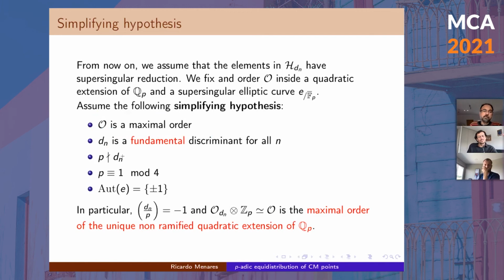We'll also assume that p is not ramified, p is 1 mod 4, so the statement is less complicated. And we will also assume that there are no automorphisms of the supersingular curve we are looking at. These assumptions are not serious. They can all be lifted, but since I want to explain the main idea, I will do that.